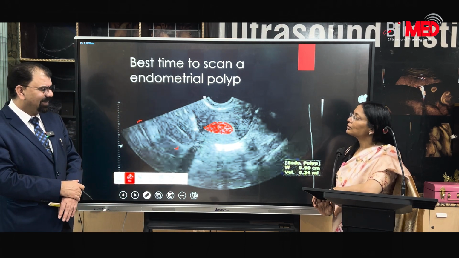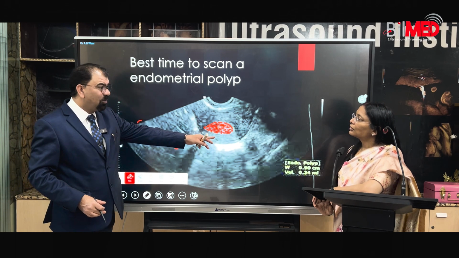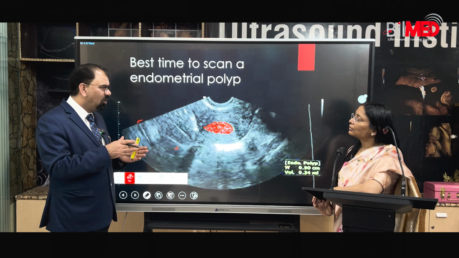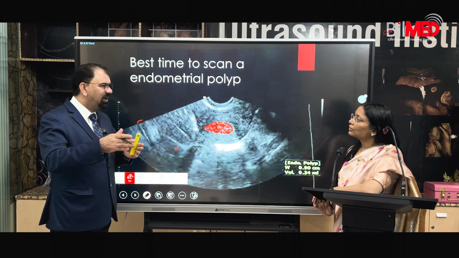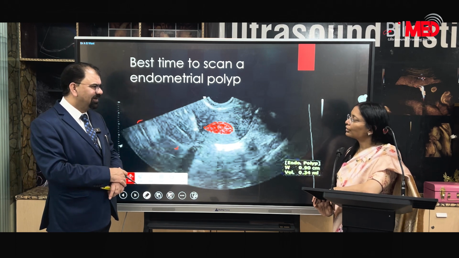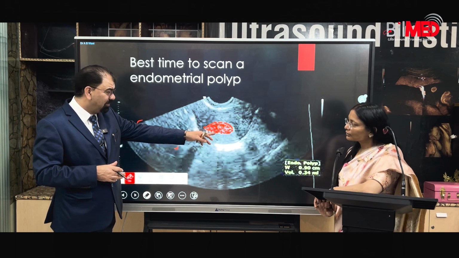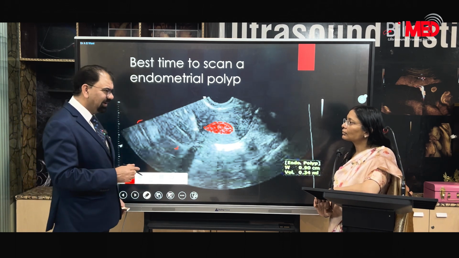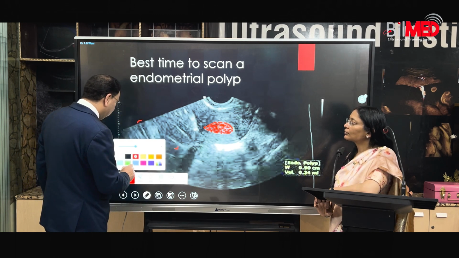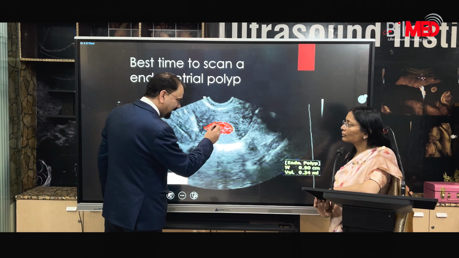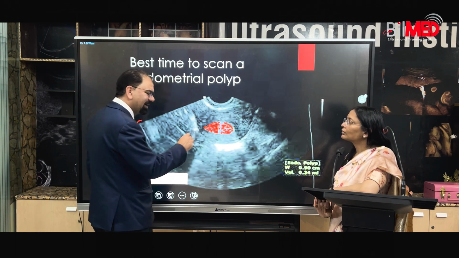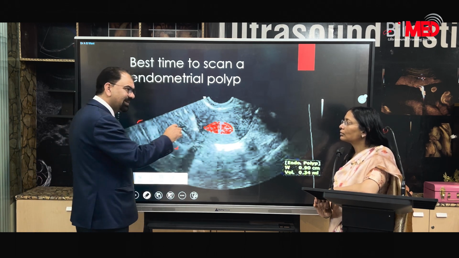I will see only a thick endometrium if I am scanning a patient on day 20, 24, 25. So in a luteal phase endometrium, I will not be able to see a polyp. What I will see is a thick endometrium only, more thickened because of the polyp.